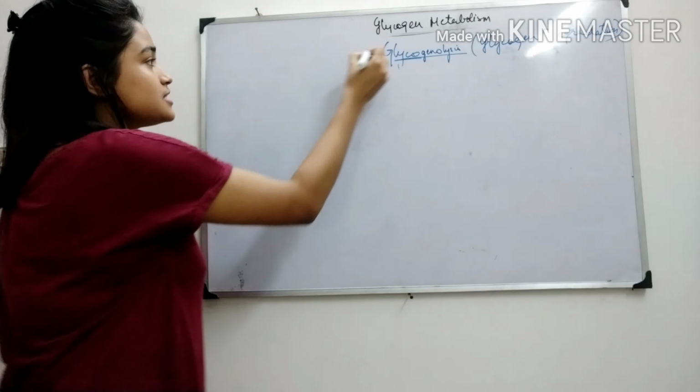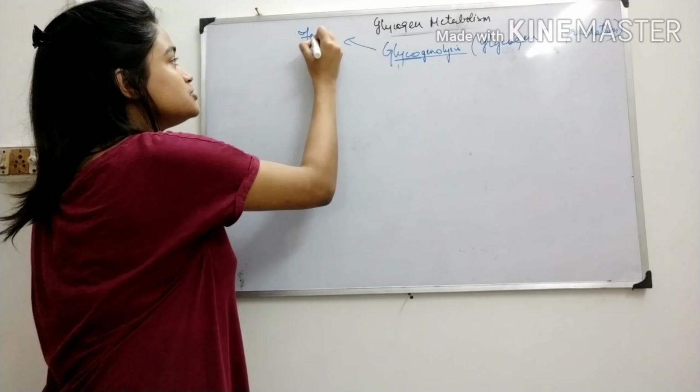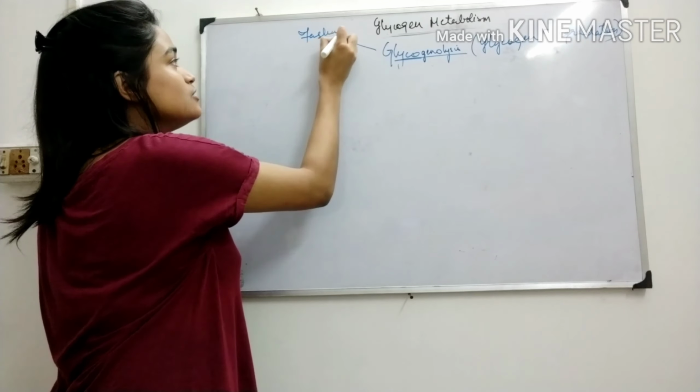So this occurs, you can say, in the fasting stage, when cellular energy is low. Like the cells have an urgent need for ATP. At that time, glycogen will be degraded to form glucose.